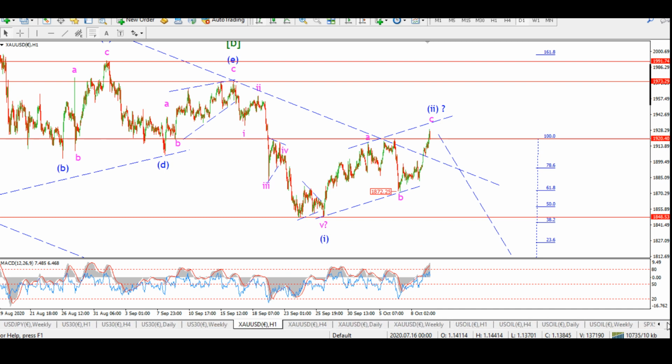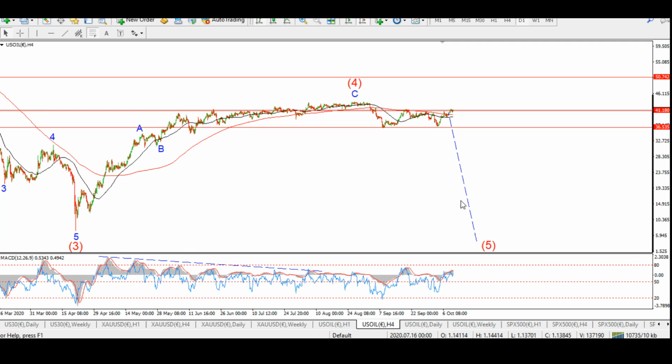Move on. Crude oil, where are you? Here we are. Okay, here's the 4-hour count in crude oil. Even if you have a rudimentary understanding of Elliott wave, you would expect 5 waves in the direction of the trend and 3 waves in the direction against the trend.